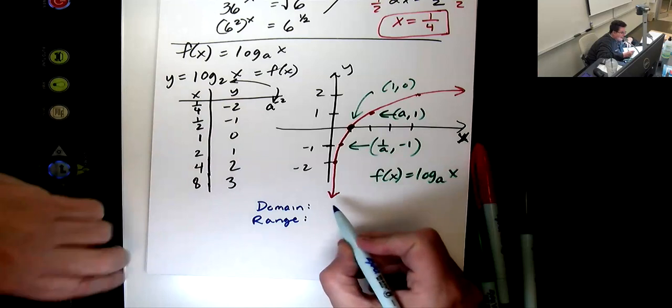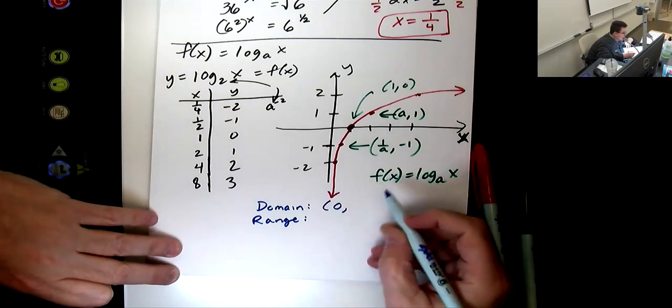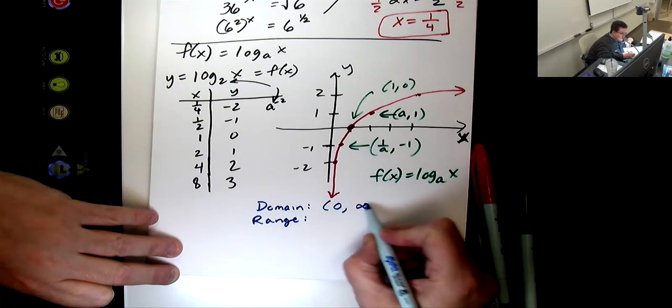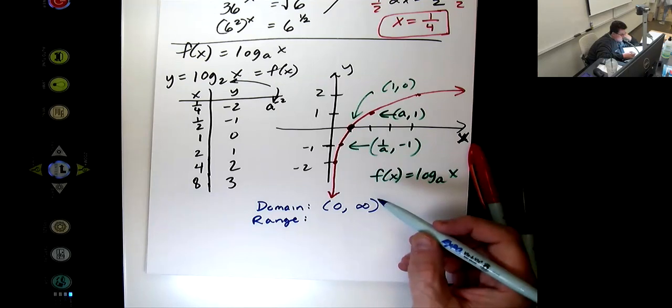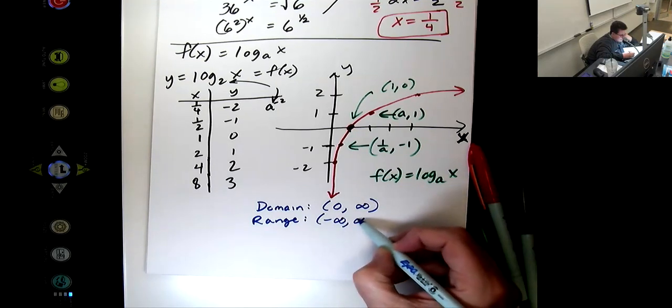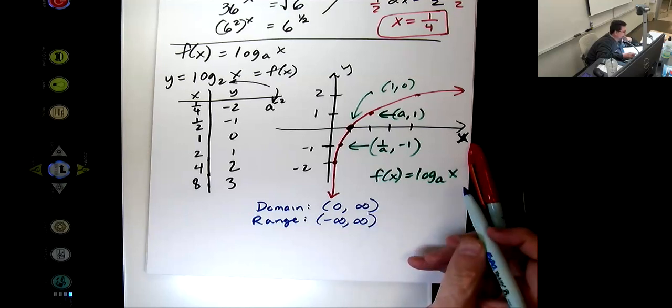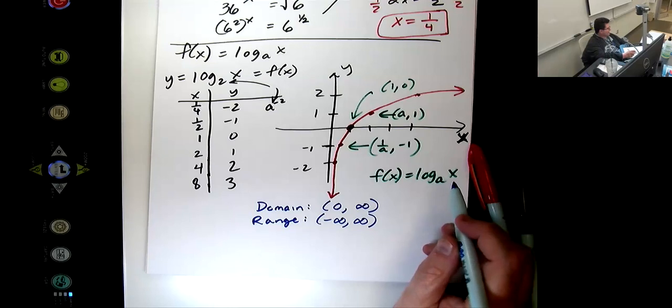No, it actually can't be negative. So it will be the 0, and it can't actually be the 0, so we're going to use parentheses on the 0. The range, however, is negative infinity to infinity. Even if it looks like it's flattening out as it gets larger, it's still going.